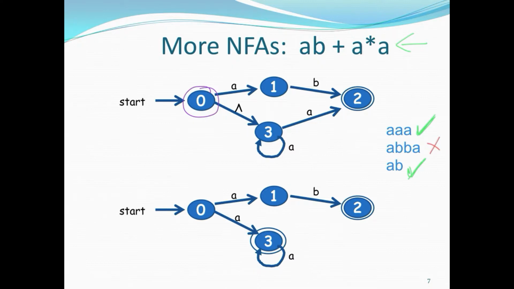And then before I do anything, I'm going to take this lambda jump, because you can take a lambda jump whenever you want. I'm going to decide before I even start processing symbols in the string to take a lambda jump. Then I'm going to process the first A by taking that loop. I'm going to process the second A by taking the same loop again. And for the third A, I'm going to take that transition. I'm done processing the whole string, and as you see, I'm at a double circle, so I accept.